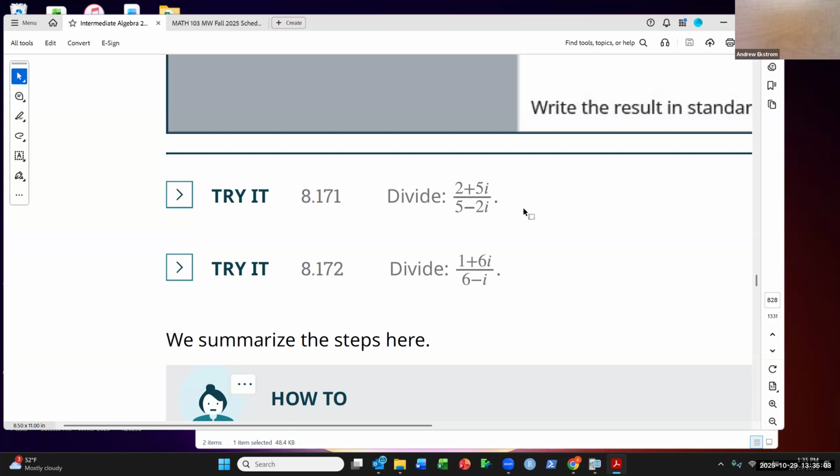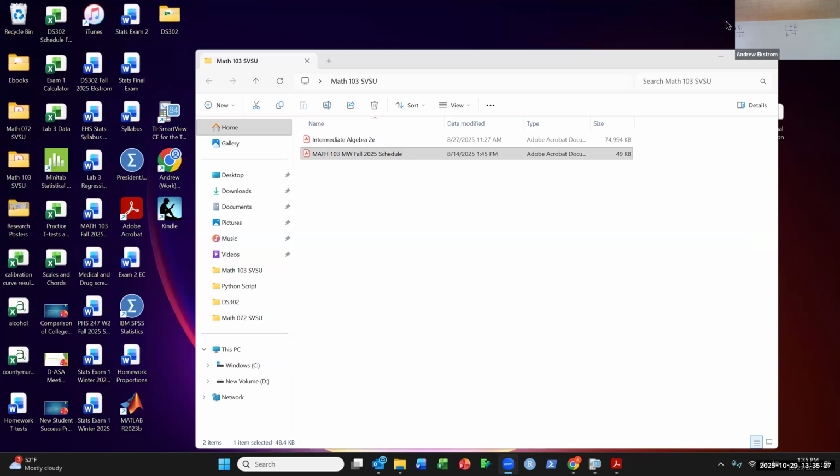So we've got 2 plus 5i divided by 5 minus 2i, and then 1 plus 6i divided by 6 minus i. So we'll work on this one first.